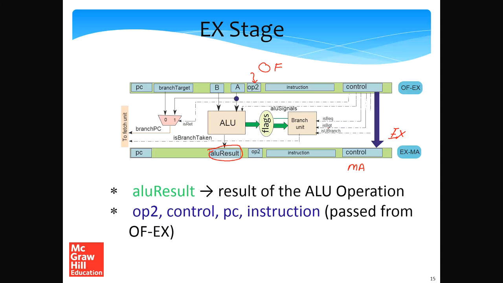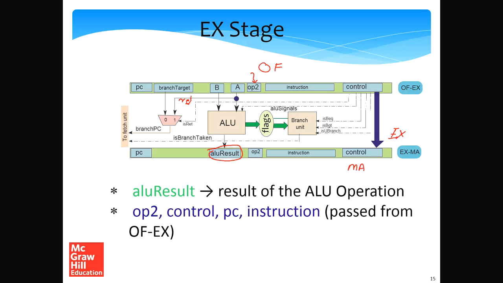So just go back to the relevant part of chapter 8. What the branch unit produces is the control signal isBranchTaken, which needs to go to the fetch unit. And also we have a multiplexer that chooses between the branch target that comes from the previous stage and the contents of register A, which will contain the return address in the case of a return instruction.